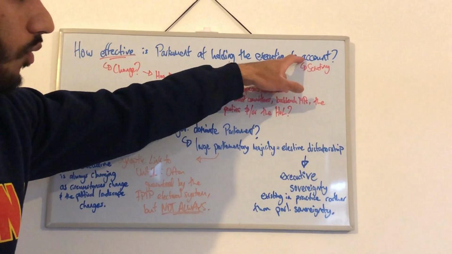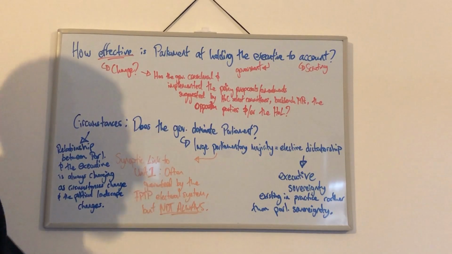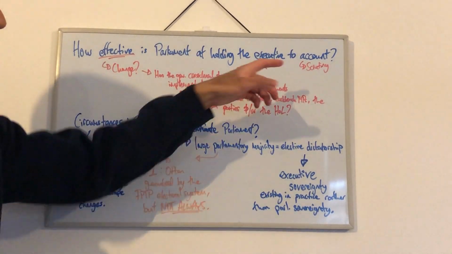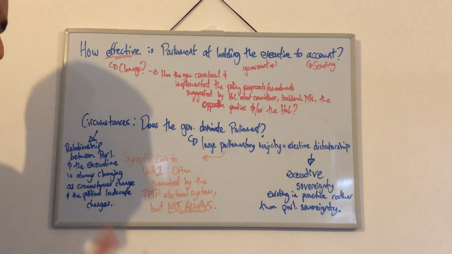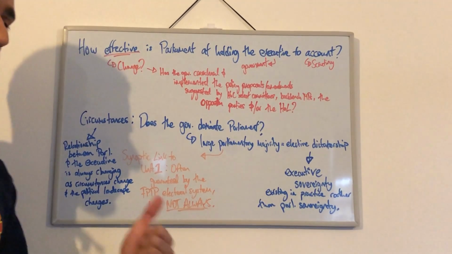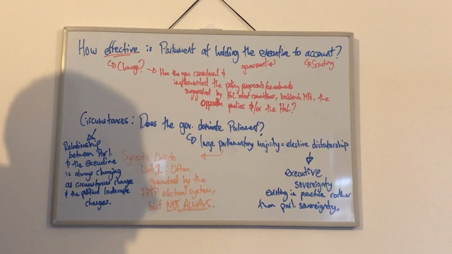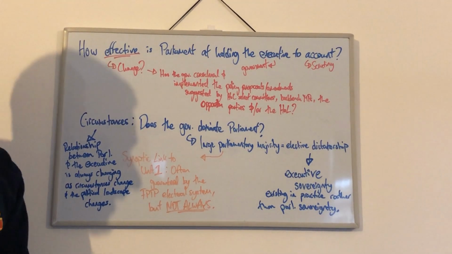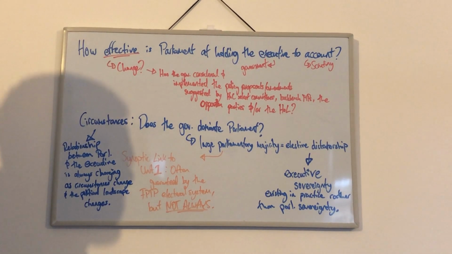And what we mean by holding the executive to account is Parliament's critical function. So going back to Unit 2, Parliament's critical function of scrutiny. As we know, Parliament has many different functions, such as legislating, which means basically the passage of legislation through Parliament. Parliament's responsibility is to pass legislation and see that legislation through as laws which govern the land.